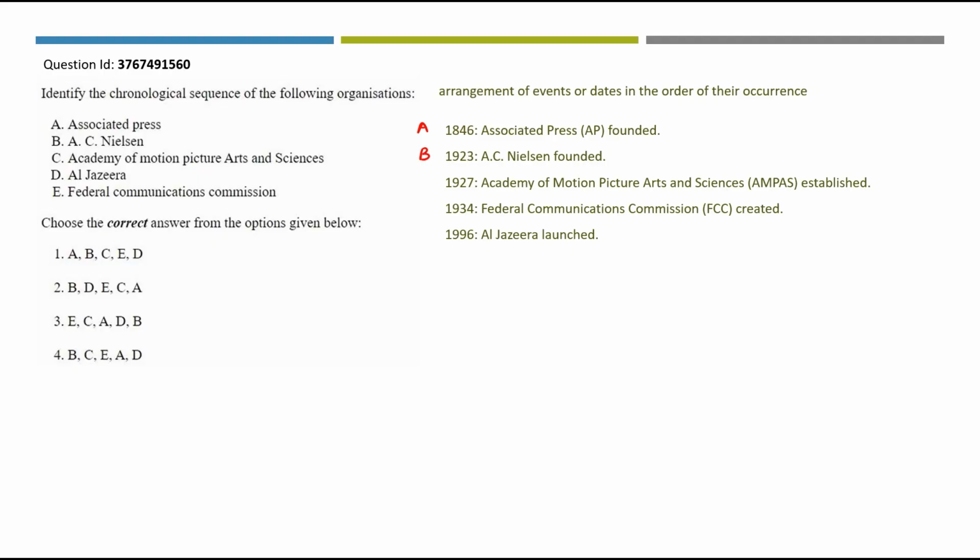Option B was founded in 1923. Option C was founded or established in 1927. Option D was launched in 1996. Option E was created in 1934. Option number 1, A, B, C, E, D will be the right answer.